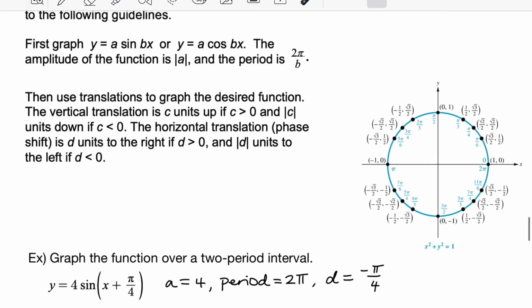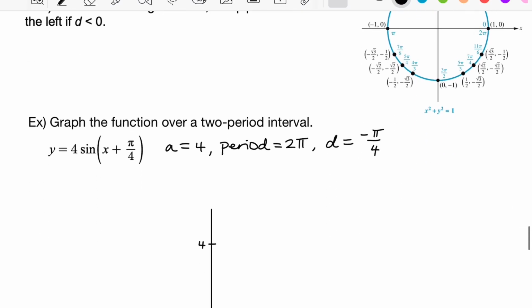So following this procedure here, first what we'll do is graph a function of that form. So first we'll graph this one here, and then use our horizontal translation to translate this graph pi over 4 units left.